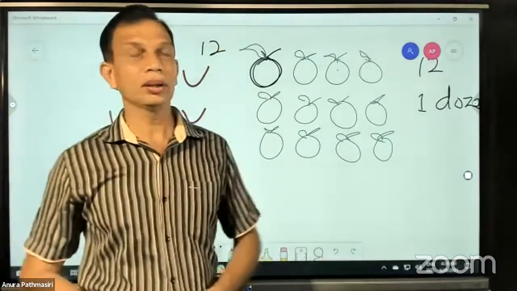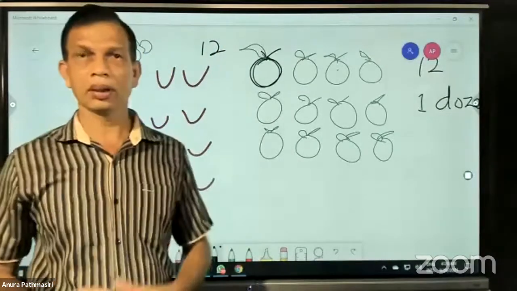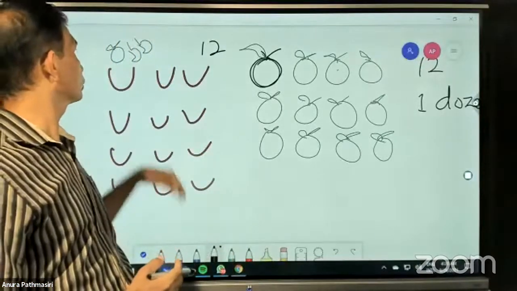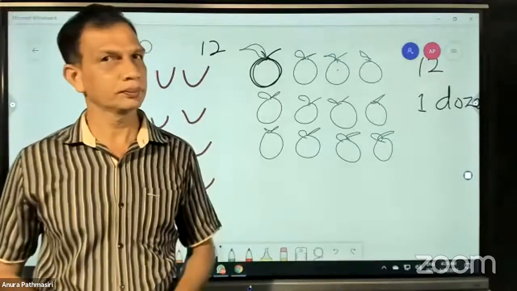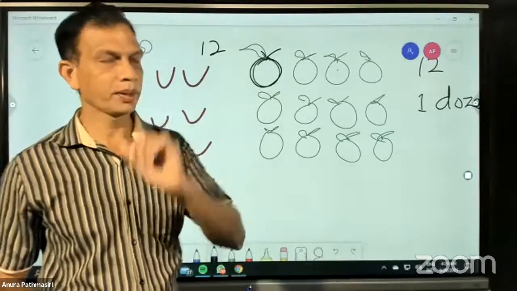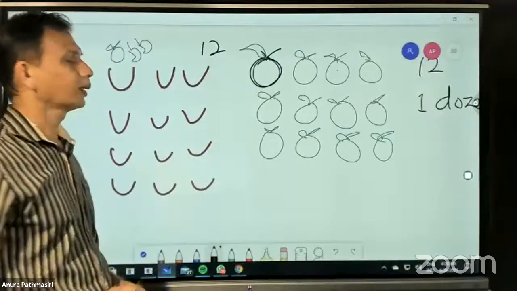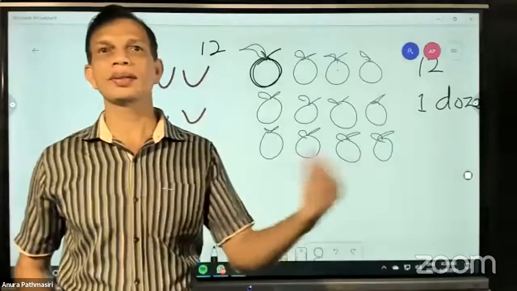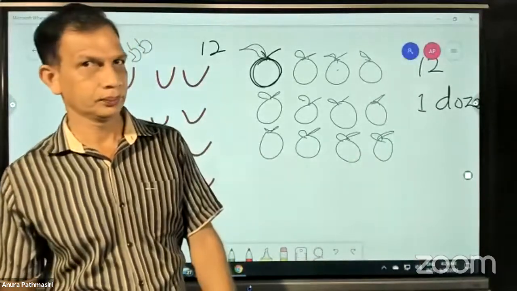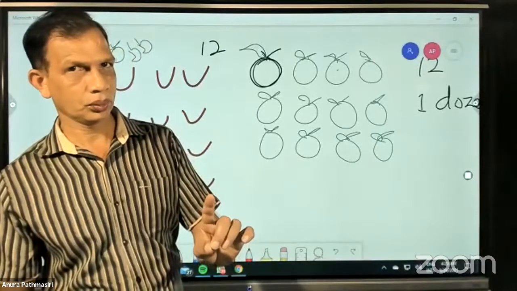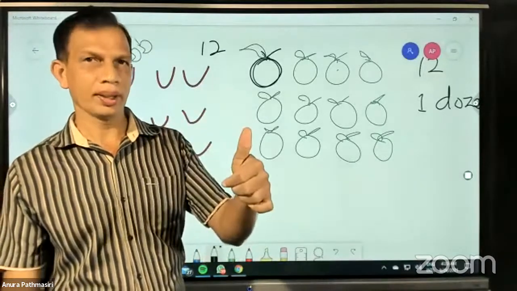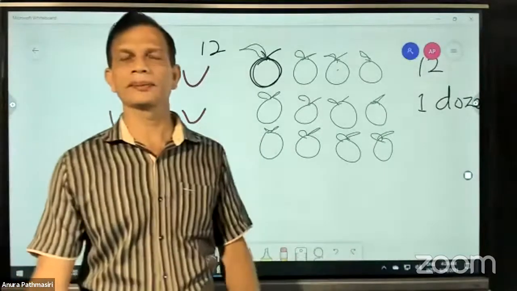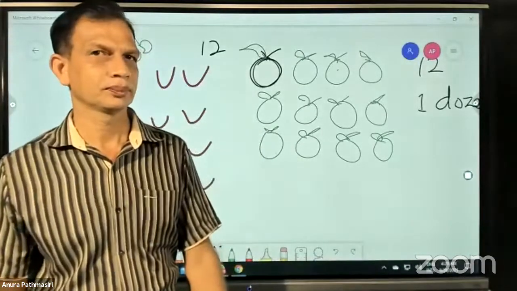And if you say buckets as a unit, how many units? 1 dozen. How many oranges are there? 12, or 1 dozen of orange. How many mangoes are there? 24.